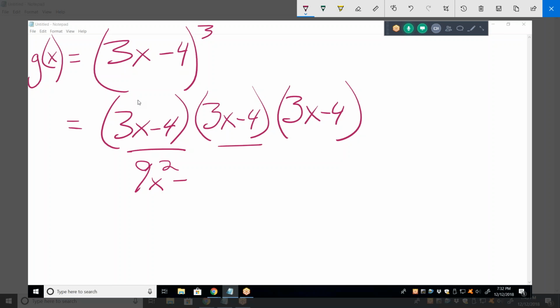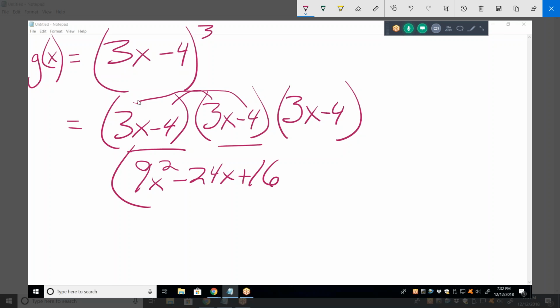So there's two of them: there's that minus 12x and there's that minus 12x. So it's minus 24x. Yes, the O and the I, the outside and the inside. And then the L is 16.